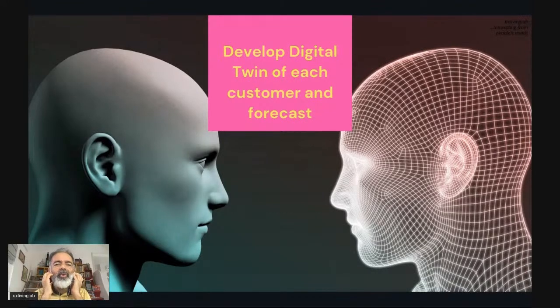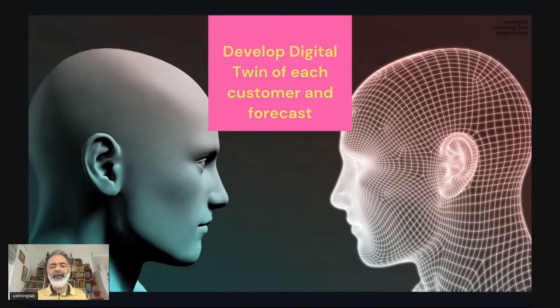So you know what your friend is going to do next week. If something happens to you, what your friend or family or relatives are going to do. That type of relationship you have to build with the customers. That's called digital twin.